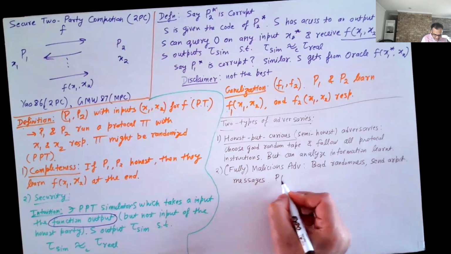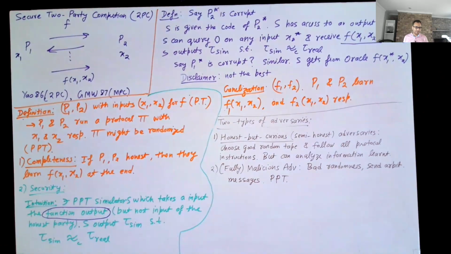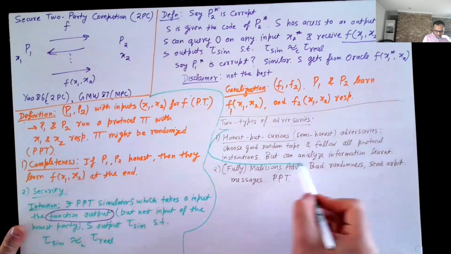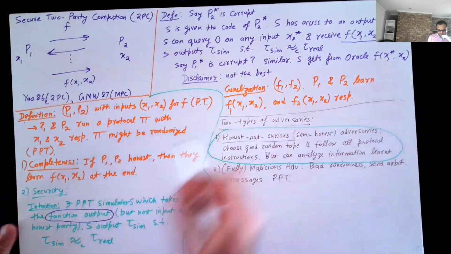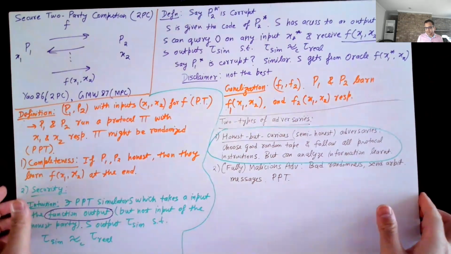The only restriction is that they have to be probabilistic polynomial time. So for now, let's focus our attention on this honest but curious. Let's assume that other type of adversaries don't even exist right now.